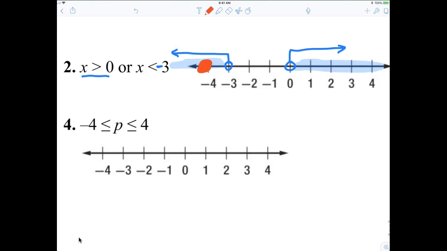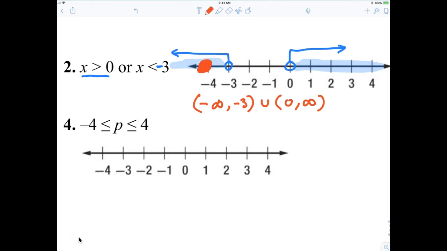So the solution here, the main thing, is in interval notation. The interval notation would be from negative infinity to negative 3, union 0 to infinity. Union just means combined, you're putting it together.